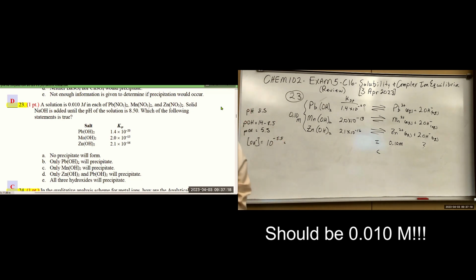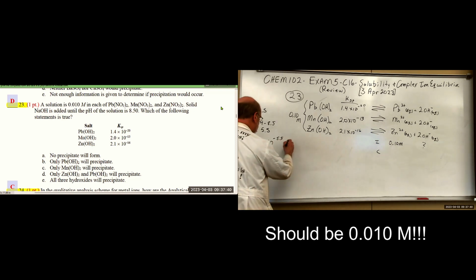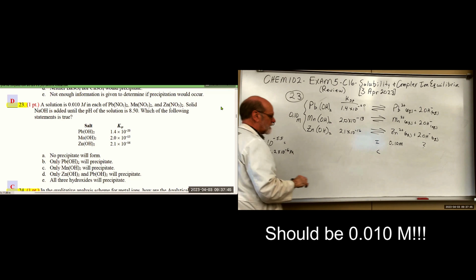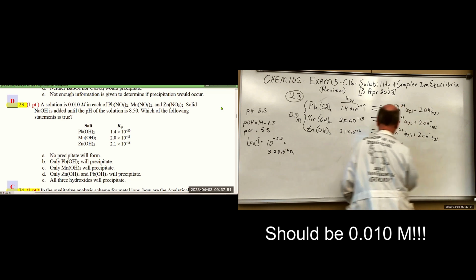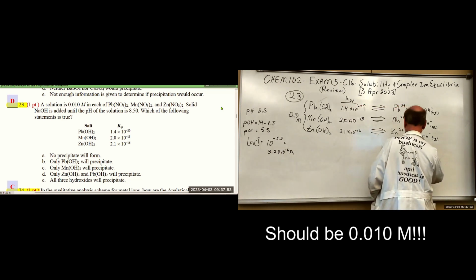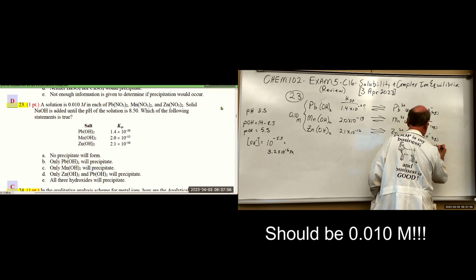We just take the antilog of negative 5.5. There we go. And there's my key. 3.2, two significant figures, 3.2 times 10 to the minus 6 molar. Okay, so we know that the concentration here is 3.2 times 10 to the minus 6.